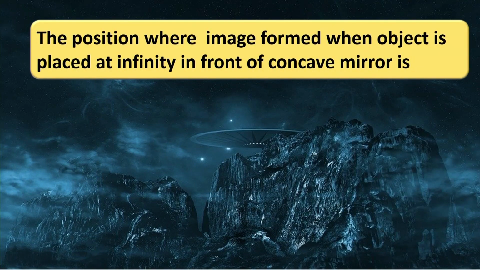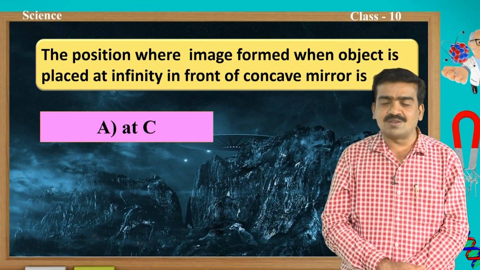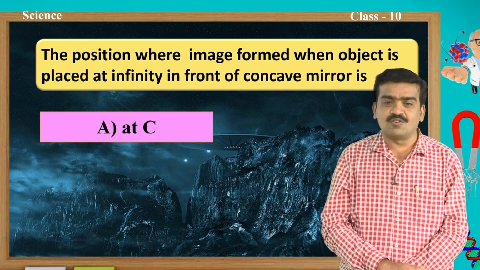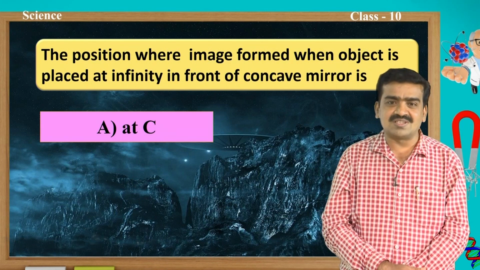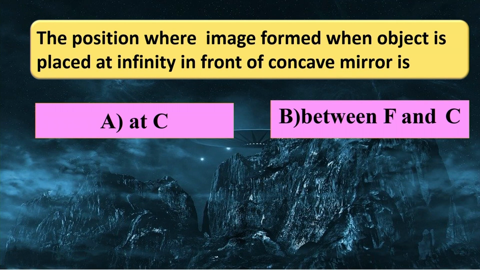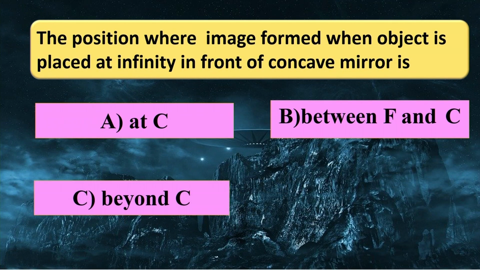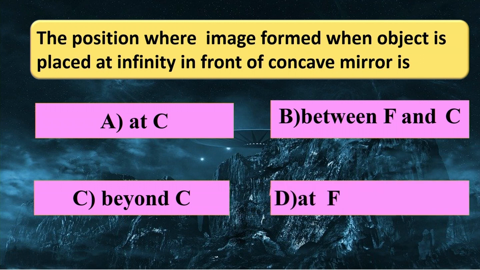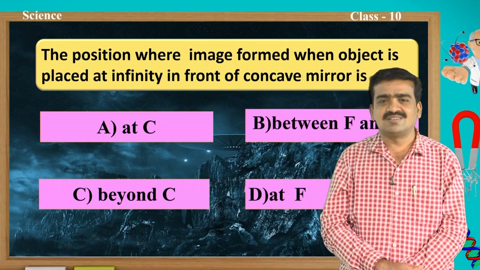The first question is: the position where the image is formed when the object is placed at infinity in front of a concave mirror. You have 4 options. Option A is at C, B is between F and C, C is beyond C, and D is at F. You have to choose one among these 4 options.